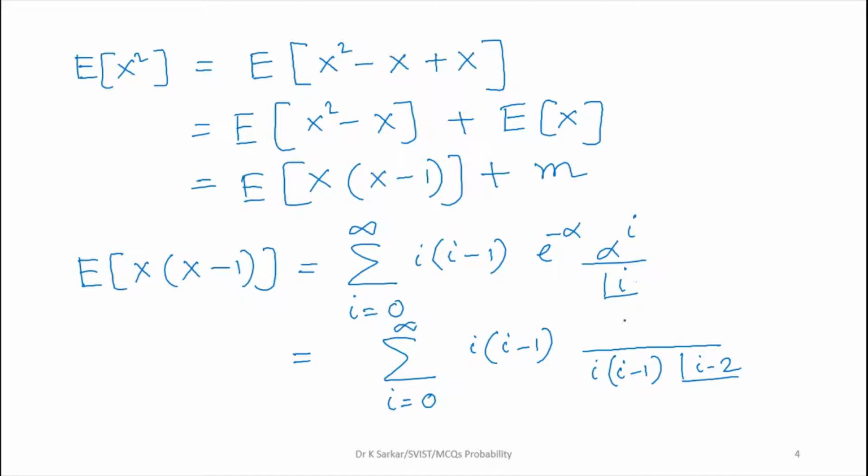So let us make this alpha power i as alpha power i minus 2 plus 2. These terms are cancelled. Alpha power i minus 2 plus 2 can be written as alpha power i minus 2 multiplied by alpha power 2, that is independent of i, so alpha power 2 can be taken out of this sum.